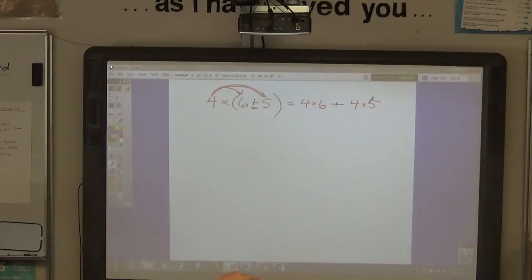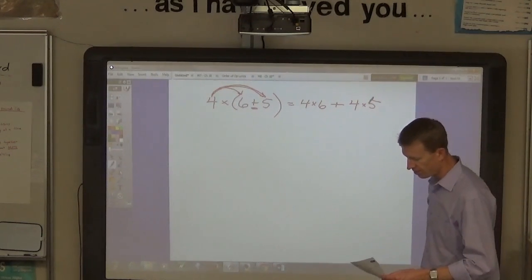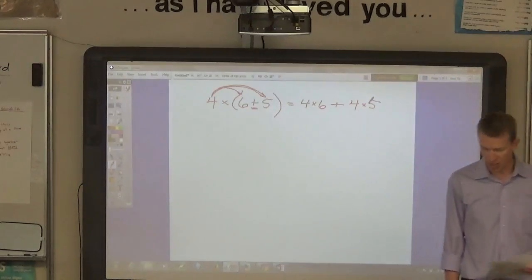Devlin? Number 3. A times B is the same as B times A. Number 4. What property is that? Aiden? Yep, associative property of multiplication.